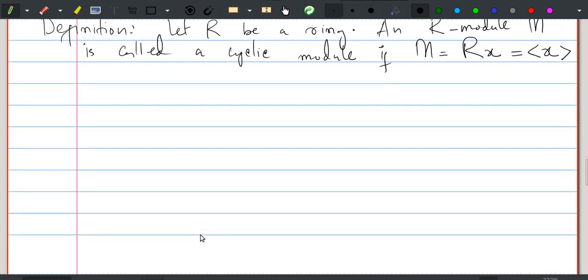So let us prove a proposition. An R module M is cyclic if and only if M is isomorphic to... Before that, let us define the quotient module.